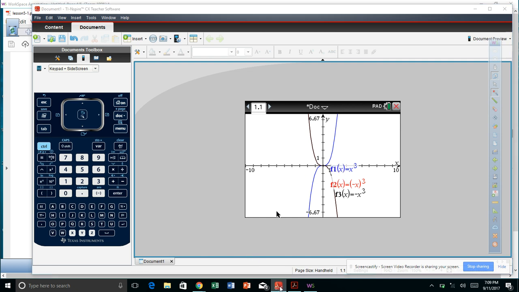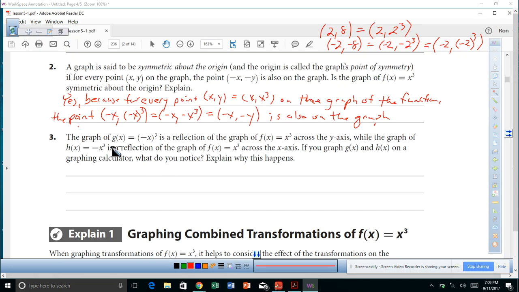So what do we notice? The graphs of g of x and h of x are the same.